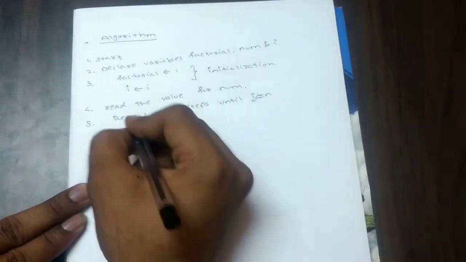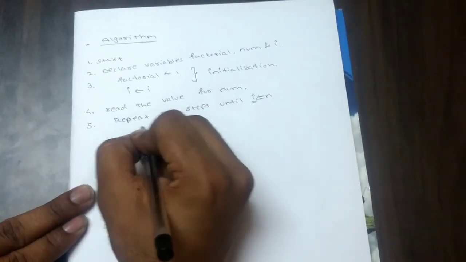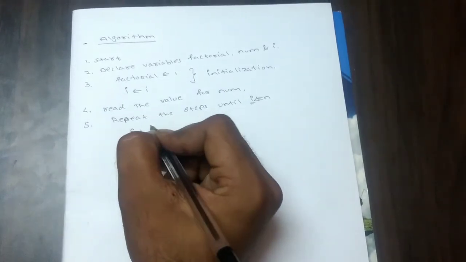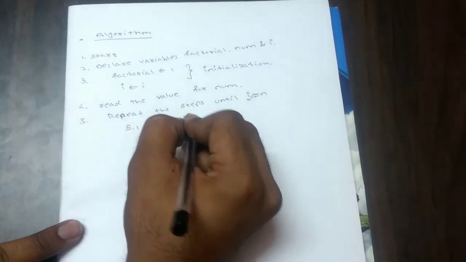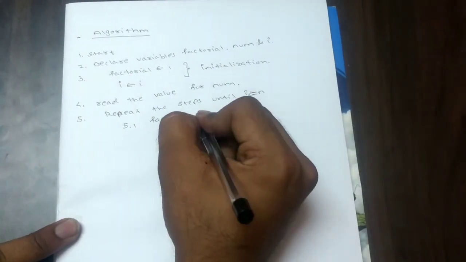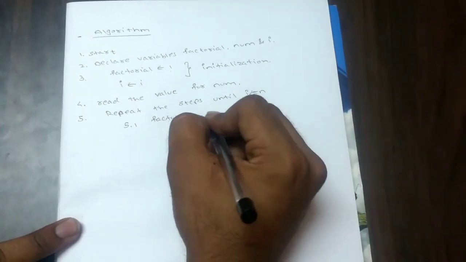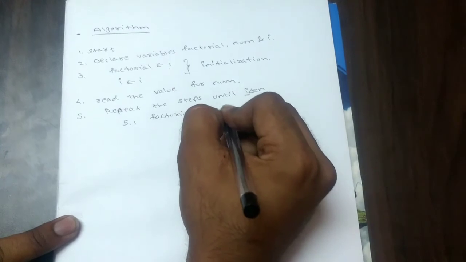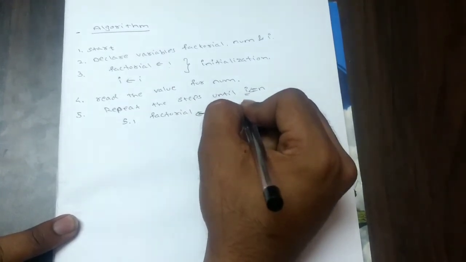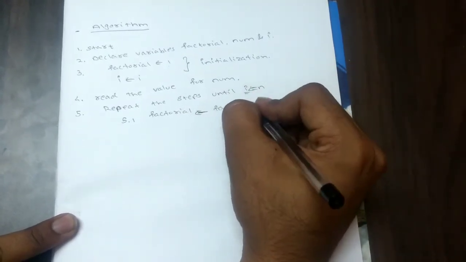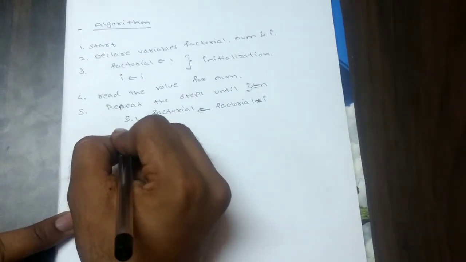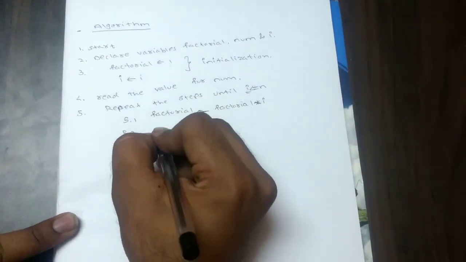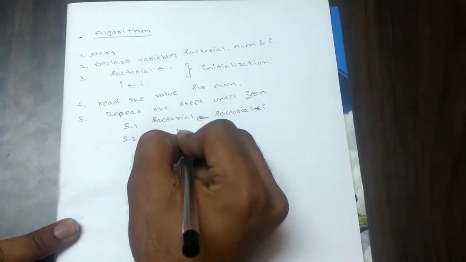Okay, so this would be a sub step. What we have to do is factorial, which I have already initialized to 1, would be again assigned factorial into I. So this will be our sub step, and we have to increment the count of I by 1 after that.